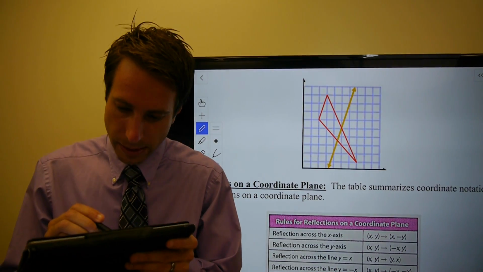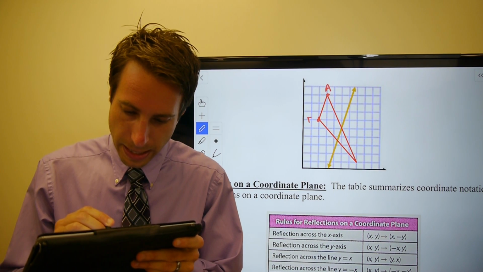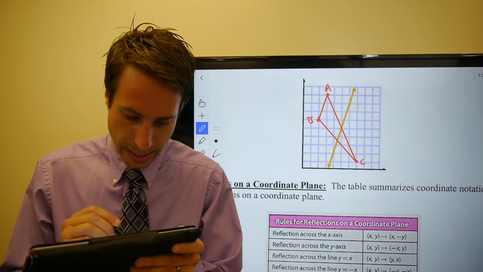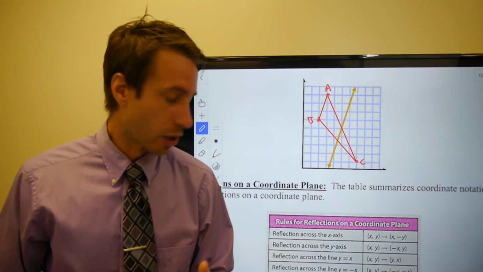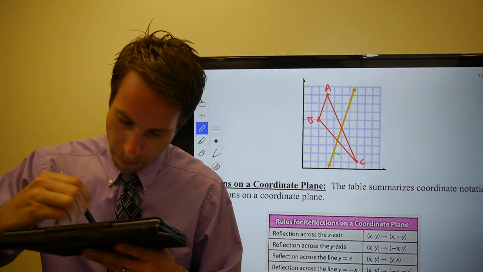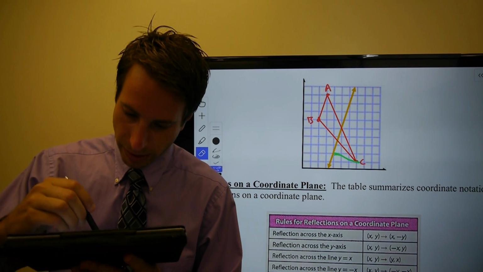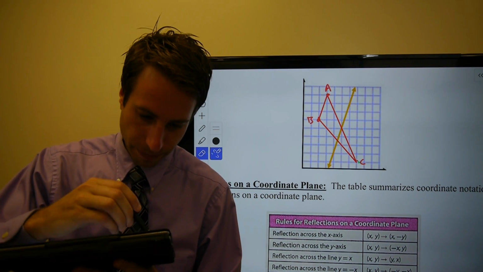I've got my points, A, B, and C. Let's see how this one goes. Okay, it looks like, ooh, yes, right there. Boom, perpendicular line to, oh, that's not a good perpendicular line. Hang on, let me try again.